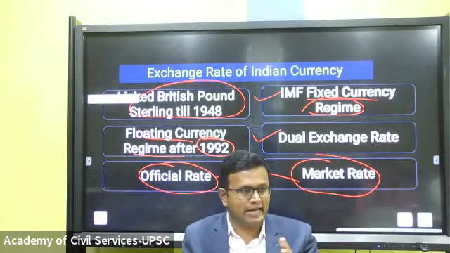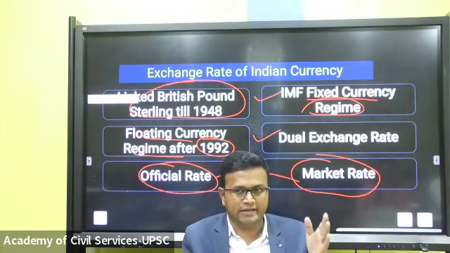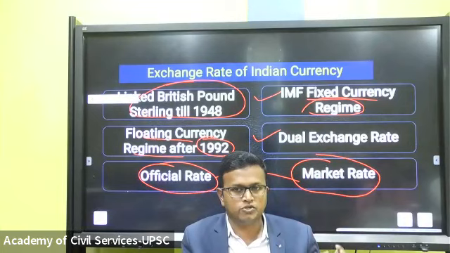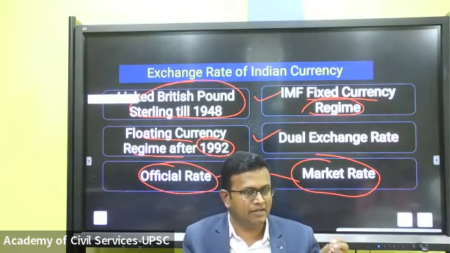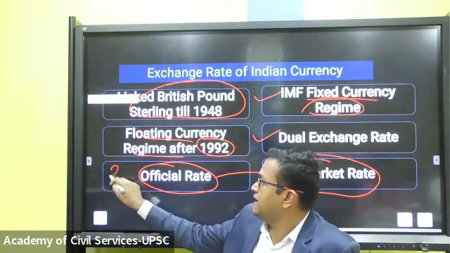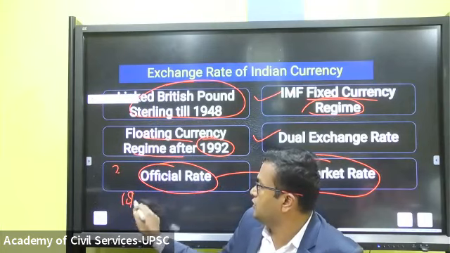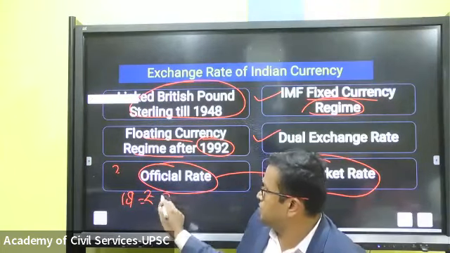That is based on the data of yesterday. RBI declares in the morning, analyzing the data of yesterday. Yesterday, how much was the supply of Indian currency in the market? How much was the demand for Indian currency in the market? Based on that, RBI declares that $1 is equal to 82 rupees.